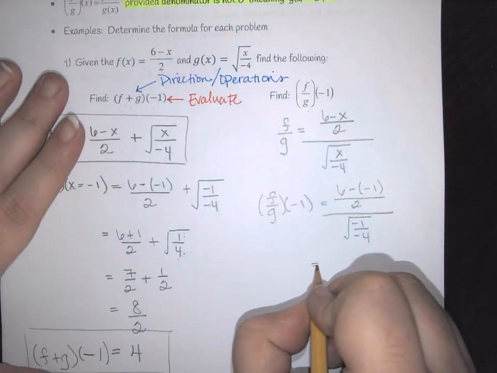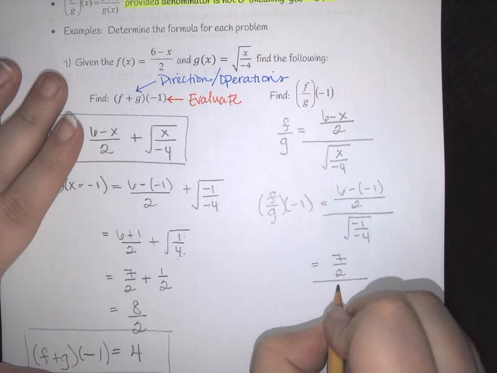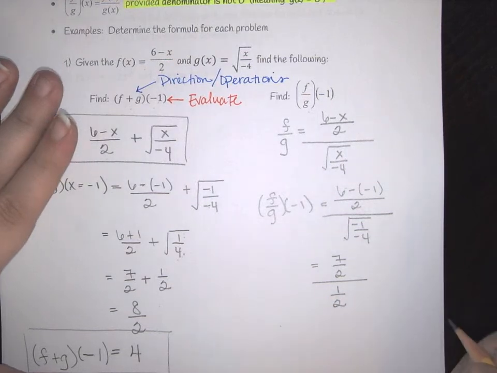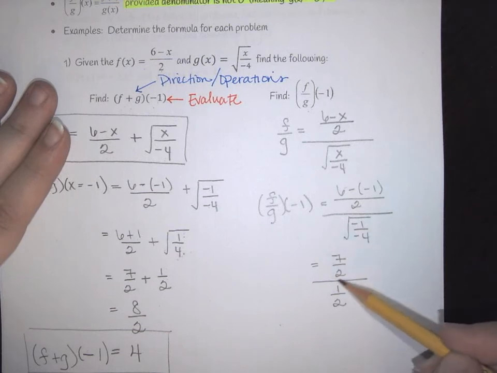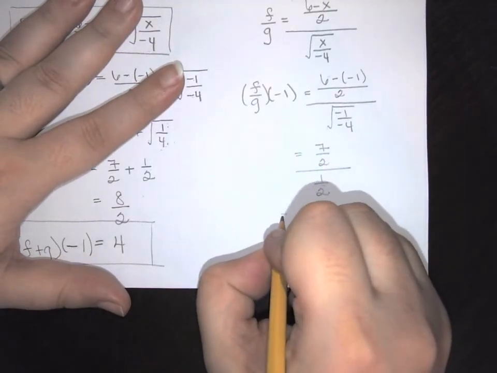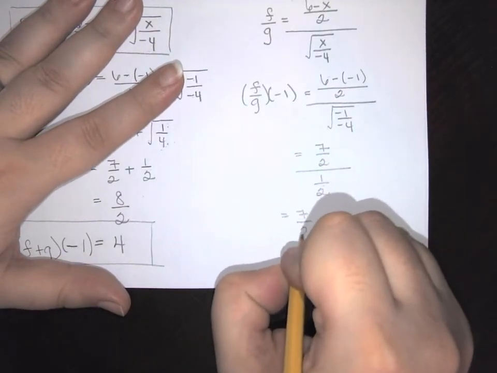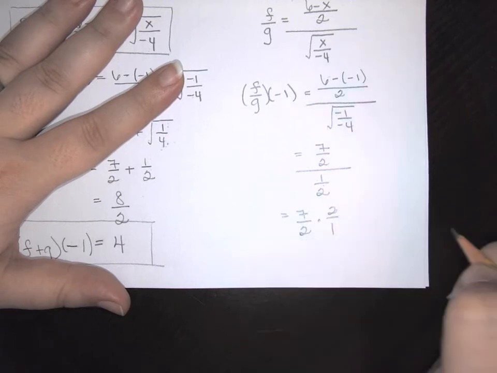So I can simplify that. So this becomes 7/2 divided by 1/2. Your fraction rules say to keep the top and multiply by the reciprocal of the bottom. So that says that this is going to become 7/2 times 2 over 1.